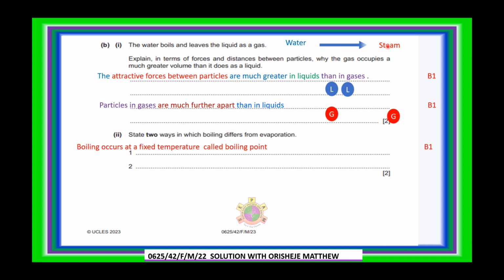But evaporation takes place even before the boiling point, at every temperature. Two, boiling takes place throughout the liquid, while evaporation only happens at the surface of the liquid.